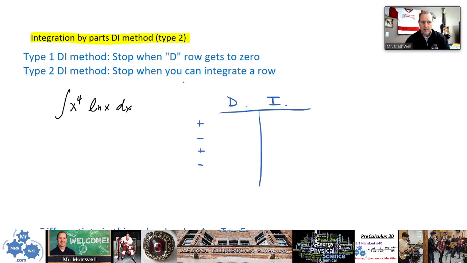So remember in the DI method that each row in the chart expressed the integral. That's why we put these two functions here in the integrand. They're multiplied. I'm going to put x to the 4th right here, and I'm going to put ln x right here. Each row represents an integral.